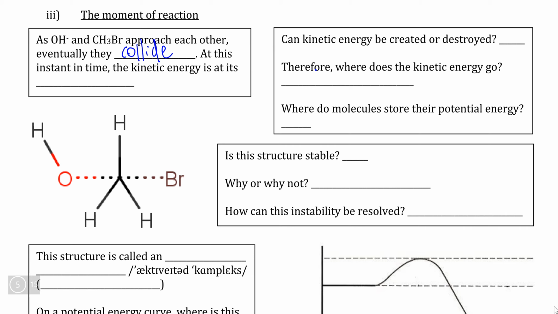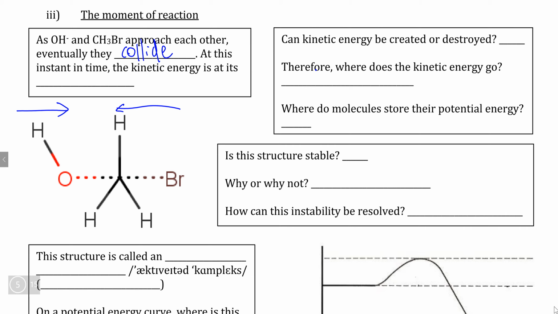Now, this is an oversimplification. Even though the two particles are moving towards each other, there's no guarantee that they're moving in exactly opposite directions and at exactly the same speeds. So there's no guarantee that their kinetic energy will completely cancel out, because nothing at the atomic level ever stops moving.